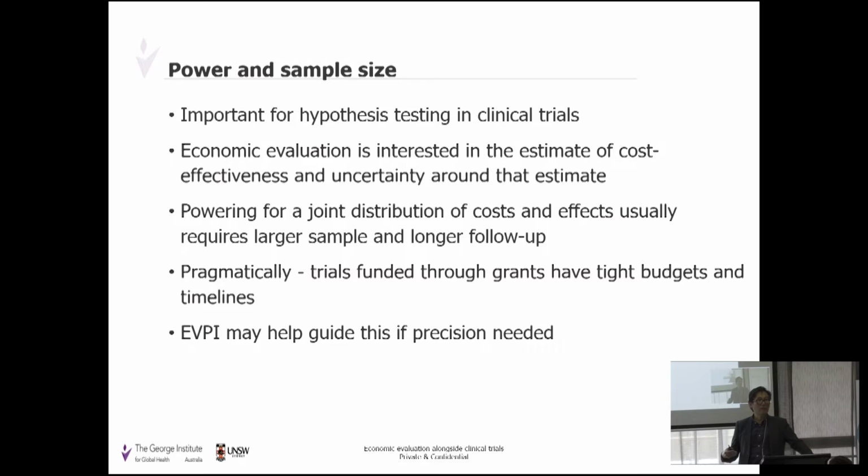So it often means that if you really wanted to power your trial to measure the cost effectiveness, you're going to need a bigger study. You need a bigger budget and bigger trial. And that's not going to happen. I mean, basically, most trials get funded to enable them to achieve the clinical endpoints and power to measure the clinical endpoints.